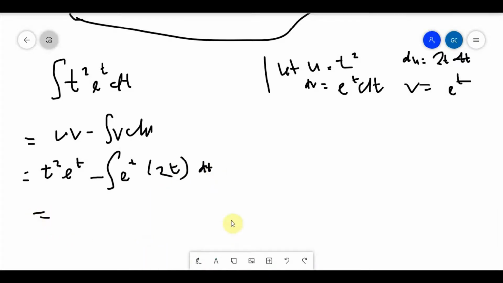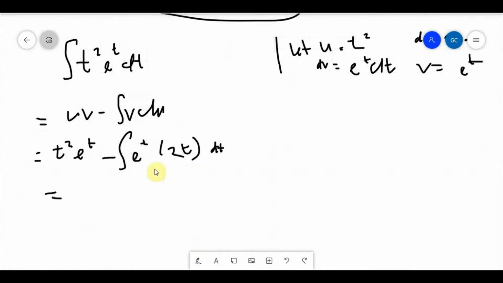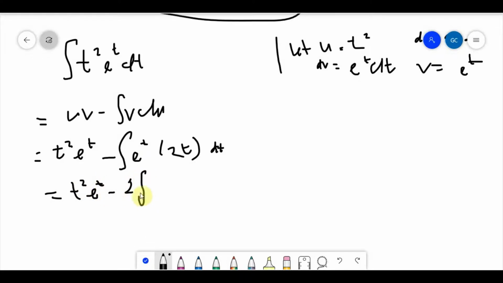Now because we have a constant here, I would just like to do this. I have t squared e to the t minus 2 times the integral of e to the t times t dt.